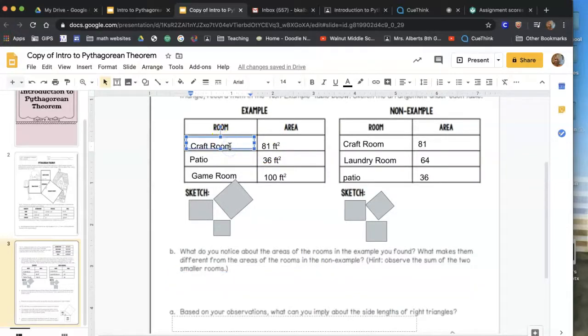So this should be the laundry room. I should have thought that out a little further. This should be the laundry room. We would change this to 64. So 64 plus 36 equals 100.